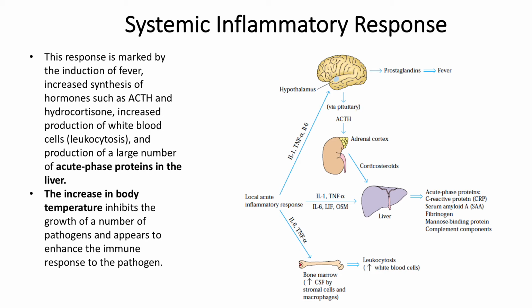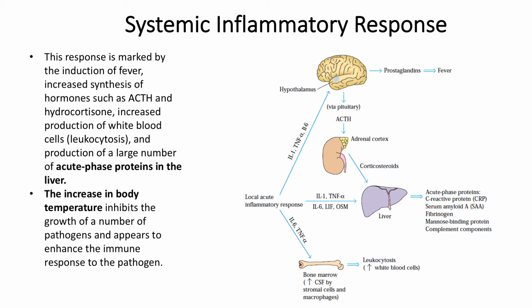Okay, in case of systemic inflammatory response, one, they are releasing prostaglandins, which is causing fever, and then when the pituitary gland is getting activated, it is releasing ACTH, adrenocorticotropic hormone, which is going to stimulate the adrenal cortex, and that is going to produce corticosteroids.